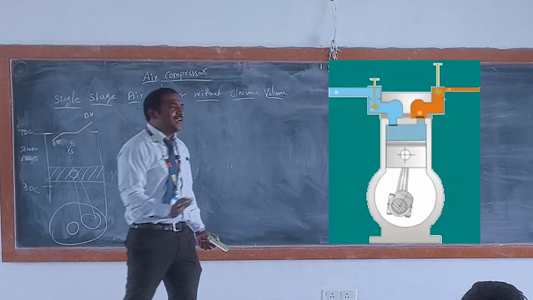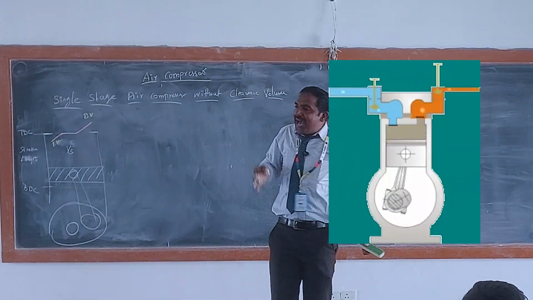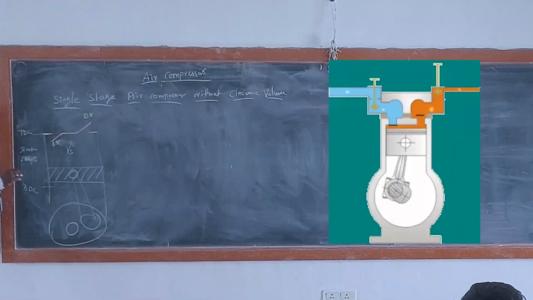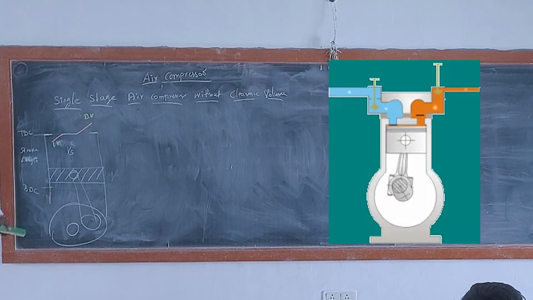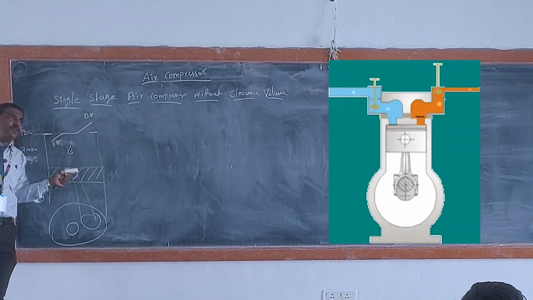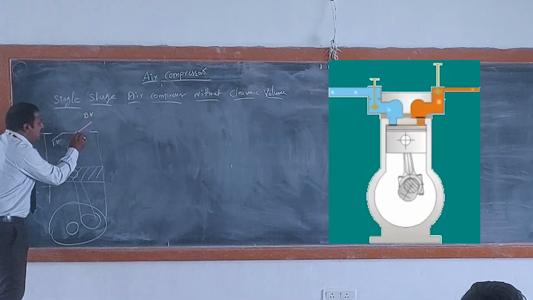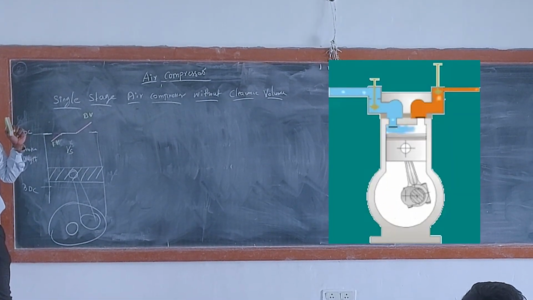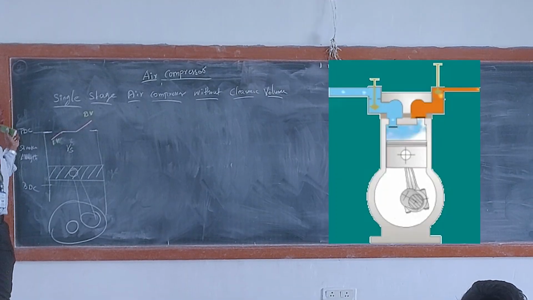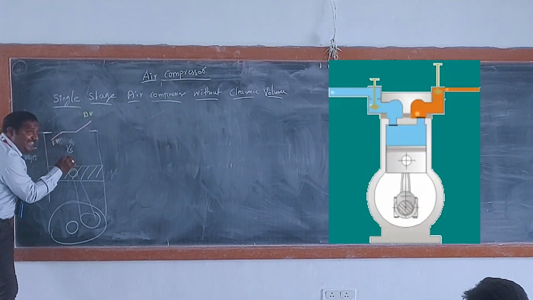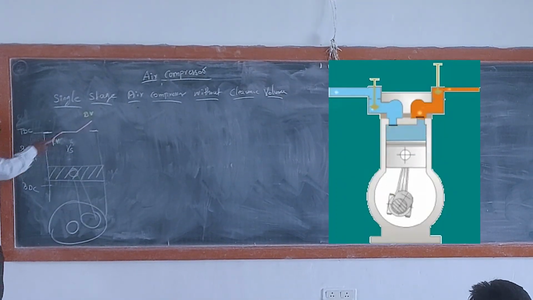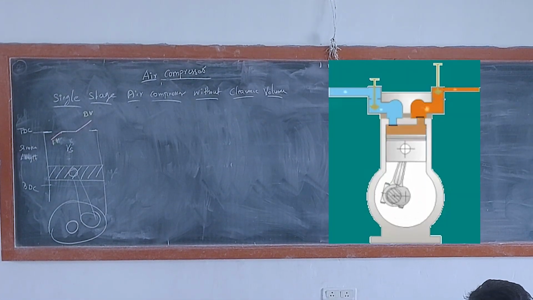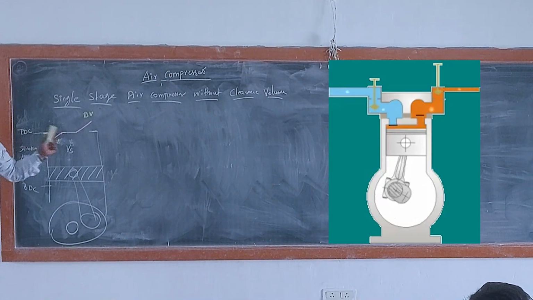Based on the design pressure of the air compressor, this valve will be designed. If this compressor is designed for 10 bar pressure, this valve is designed for 10 bar load. Whenever there is 10 bar inside the cylinder, this valve opens.